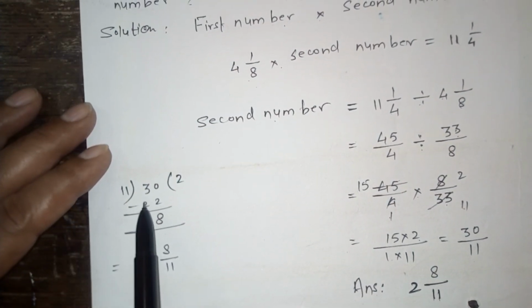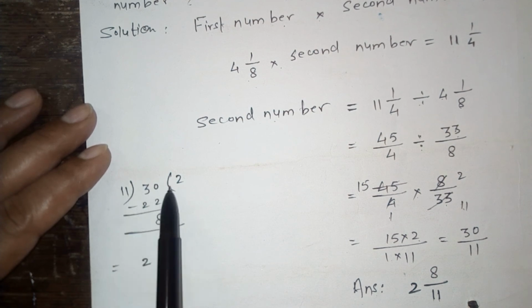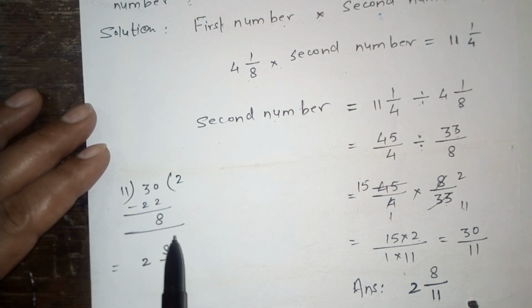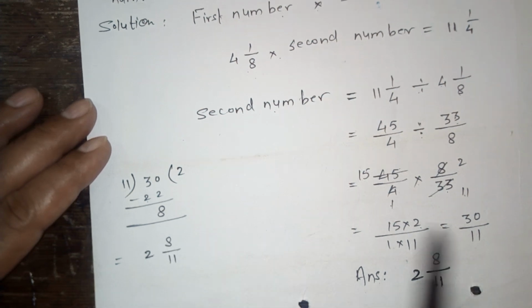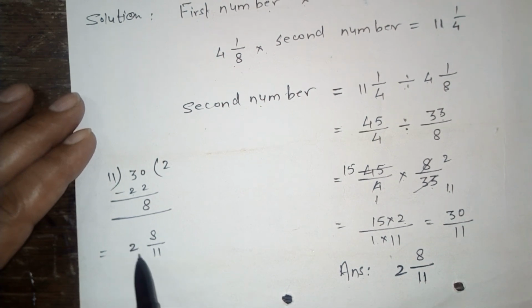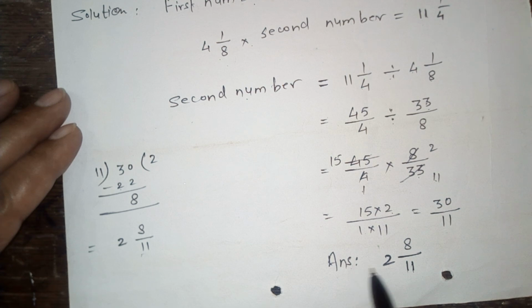Now look here, 30 divided by 11, 11 times 2 is 22. After subtraction, it will give you 8. 8 is the remainder. So 30 upon 11 we can write in the form of 2 and 8 upon 11. Your required answer is 2 and 8 upon 11.